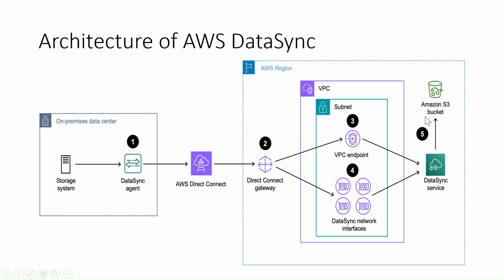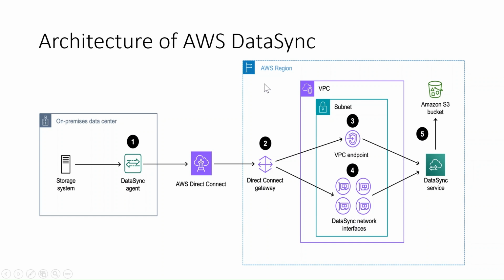So the data is finally stored in the Amazon S3 bucket, which is the scalable and secure storage service in AWS. So this can serve as the final destination for archiving, backup, or further processing.